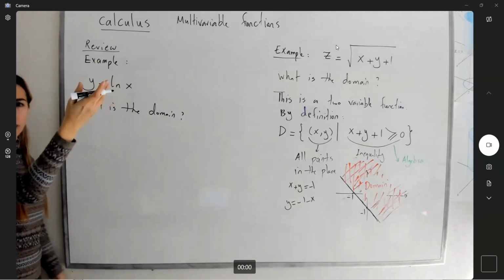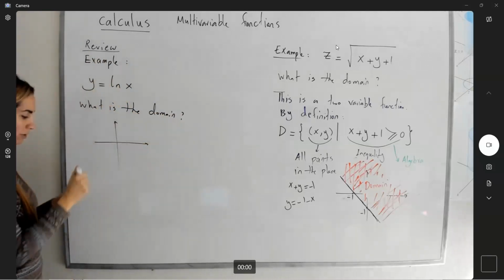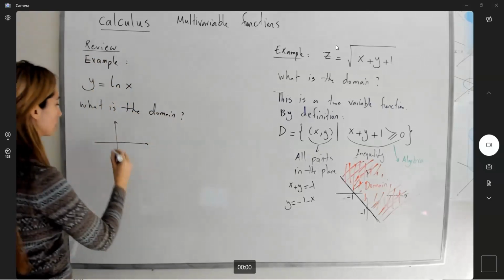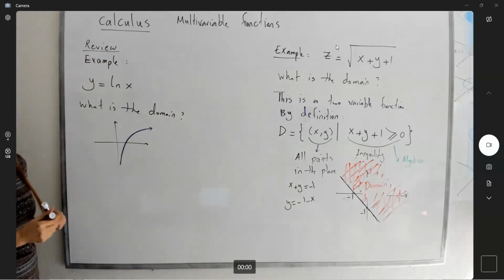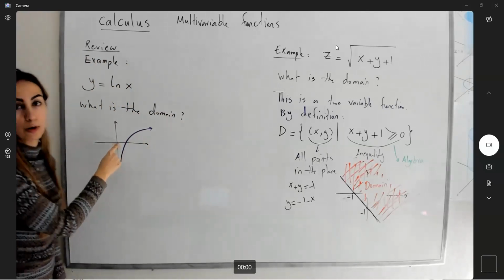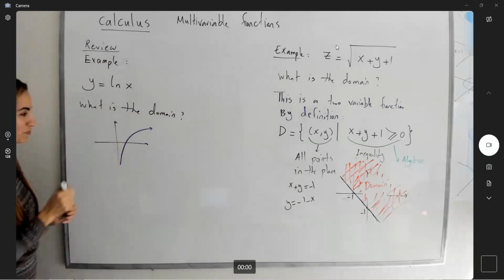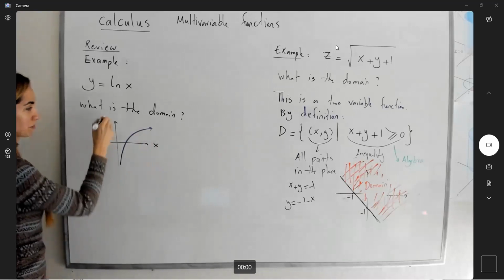Well, as you remember, the graph of natural log, the graph of ln of x, behaves like this. It starts from 0 but doesn't include 0, and then it goes to positive infinity on the x-axis.